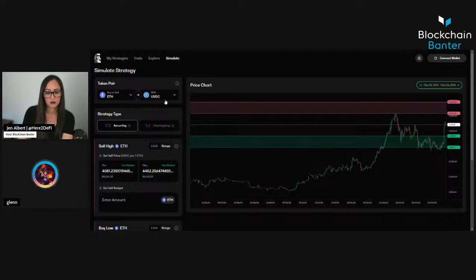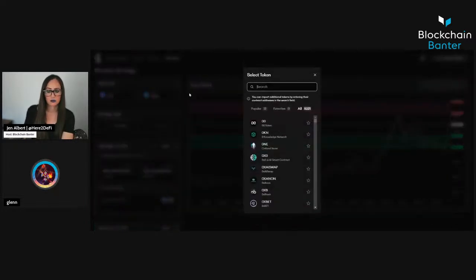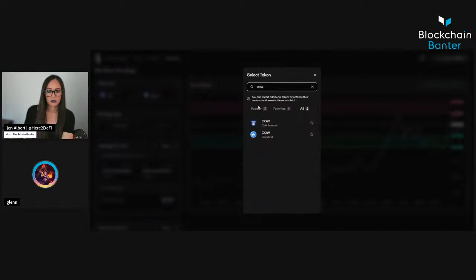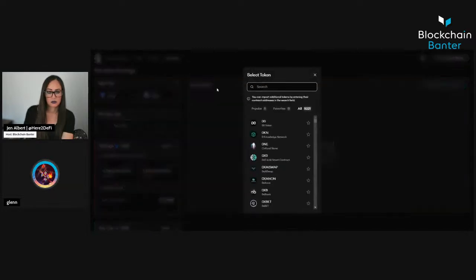So for example, right now, this is the ETH/USDC chart. This is something that anyone can get from most trading charting sites. But let's say you want to create a trading strategy of something like the COW token from CowSwap against maybe the 1inch token, right?